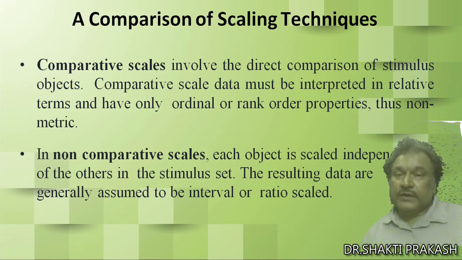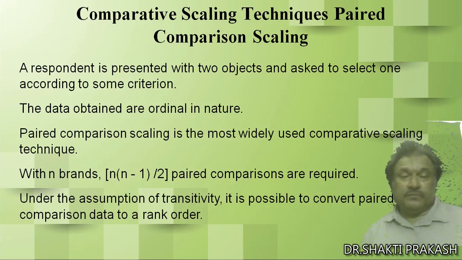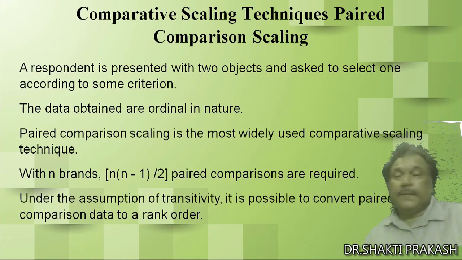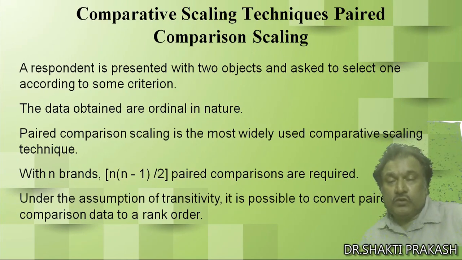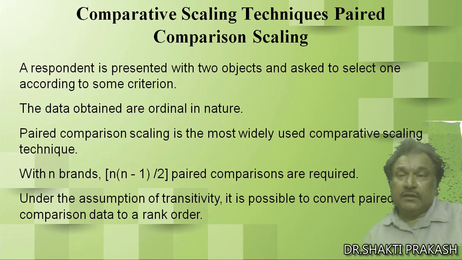In the last lecture we discussed what is metric and what is non-metric, so you will understand which is the ordinal type of scale and which is the metric type, ratio or interval scale. And now the techniques for comparative scaling.